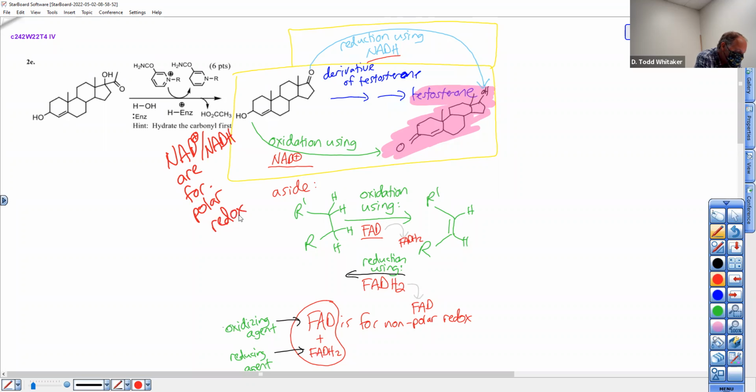That means the functional group that's reacting is polar. Ketones are polar, so are alcohols. So alcohol oxidation uses NAD+. Why NAD+? Because that's the oxidizing agent.